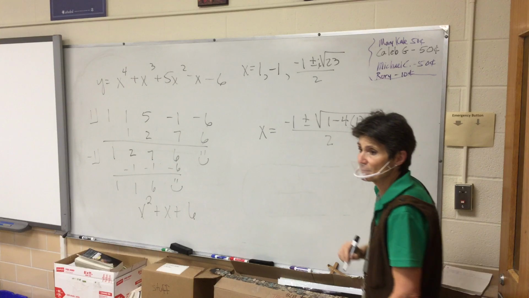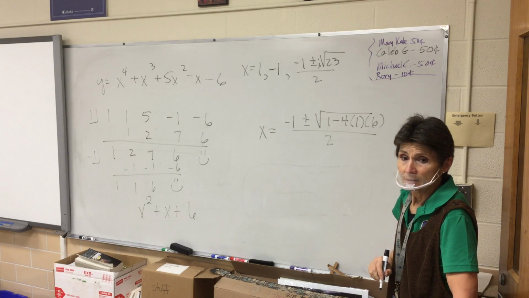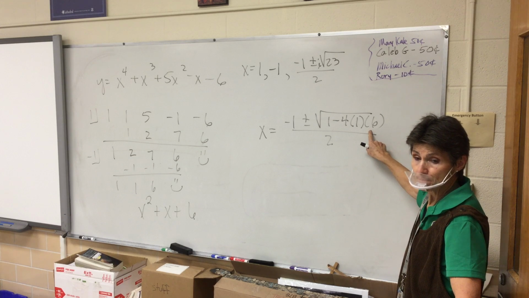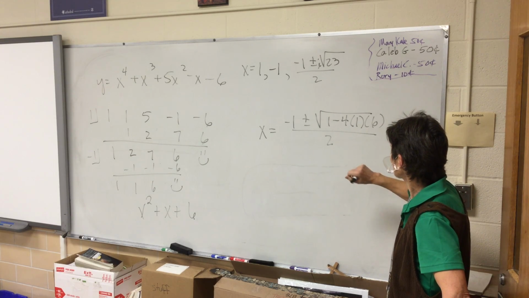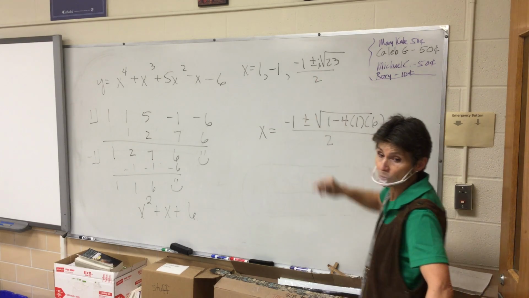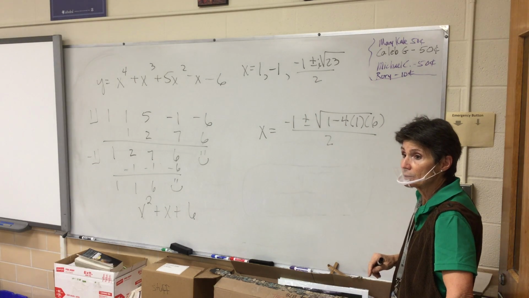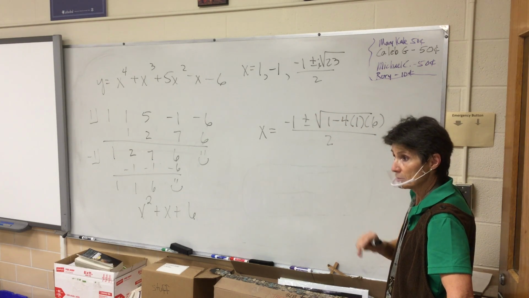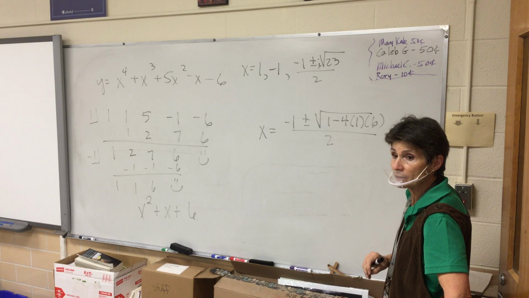Is that right? 24, I think. Well, this is 1 minus 24. Yeah, that's right. So that's -23, so it's i root 23. How many answers are up there in the answer blank? 4. Which is what we need.